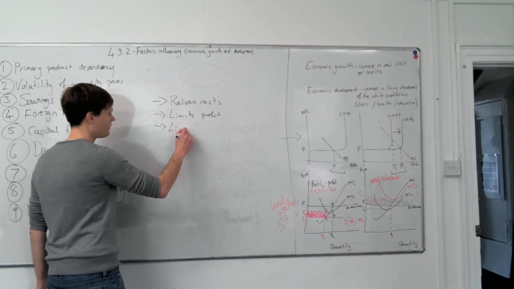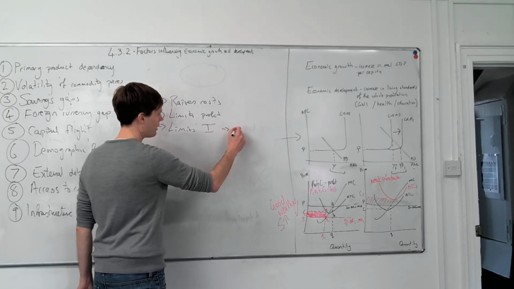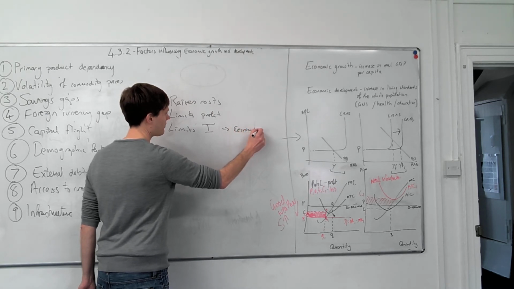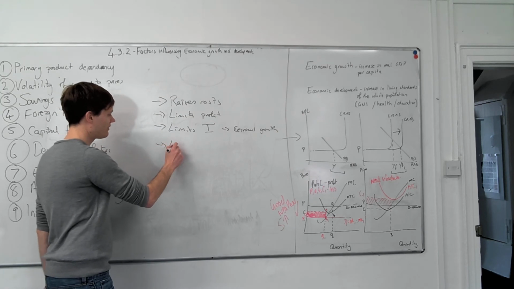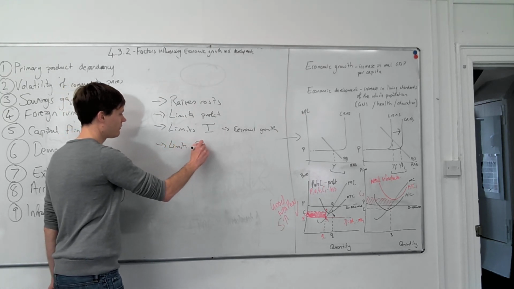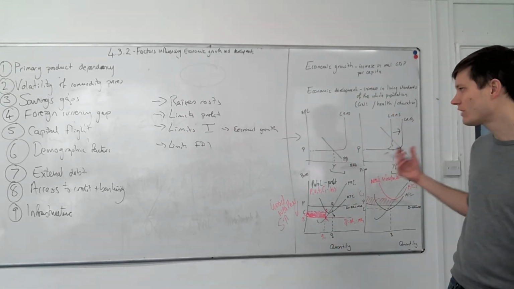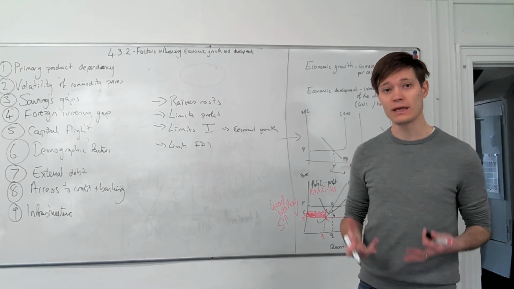That limits investment and therefore economic growth and diversification. It also limits FDI. If you want a company to come to your country, you're going to want to have good infrastructure. That's more likely for them to make profit.